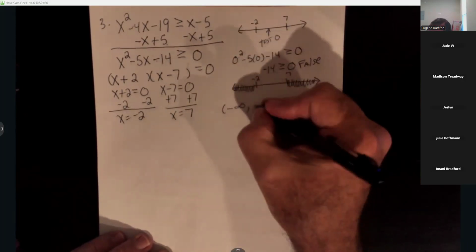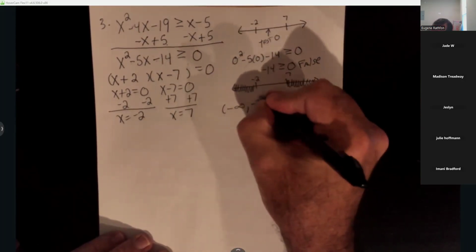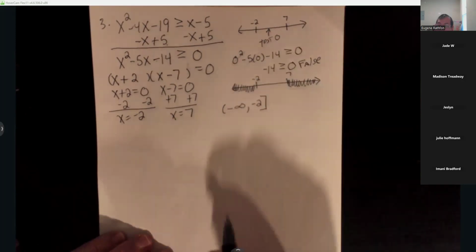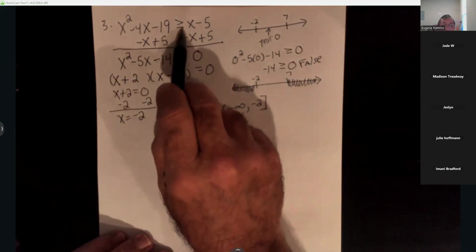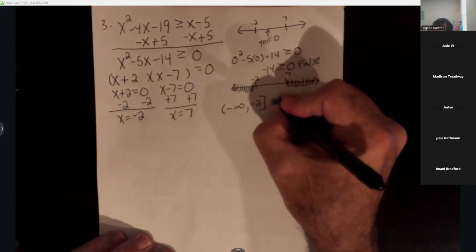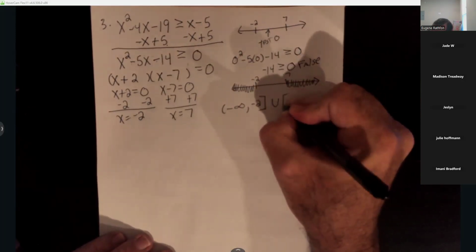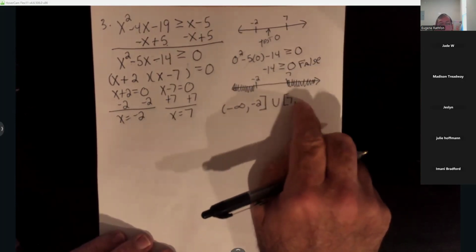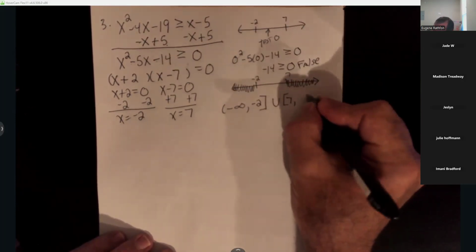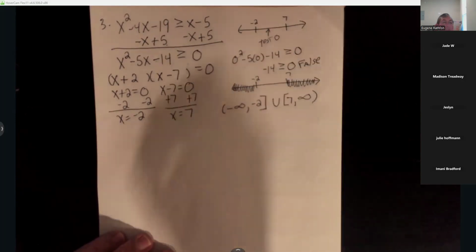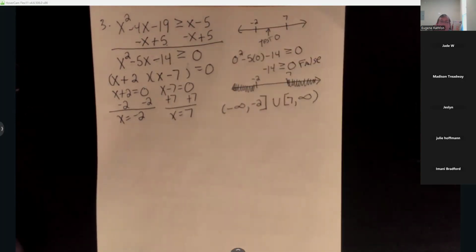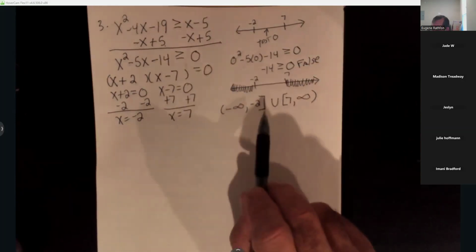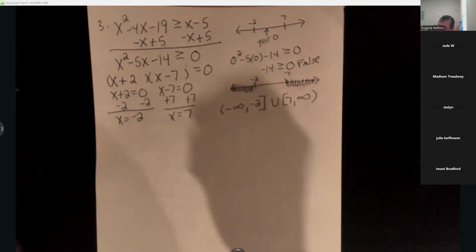But y'all, when I go to negative 2 this time, we gotta use a bracket because of the equals. And then we'll union that from the next number 7. It's got a bracket, and then it heads off towards positive infinity. So equals means brackets around those numbers, okay?